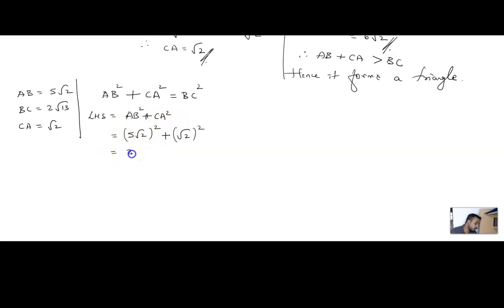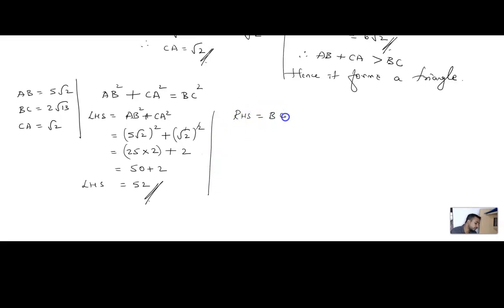What is 5 square? That is 25, into, for root 2 square, square and square root get cancelled, it becomes 2. Plus again square and square root get cancelled, it becomes 2. 25 2s are 50, plus 2, 52. So what is the LHS we have got, children? 52.